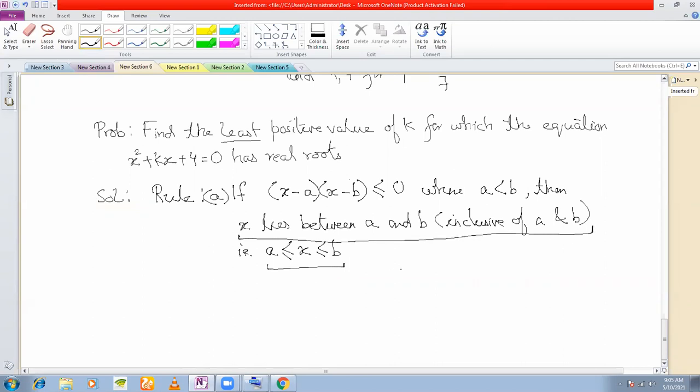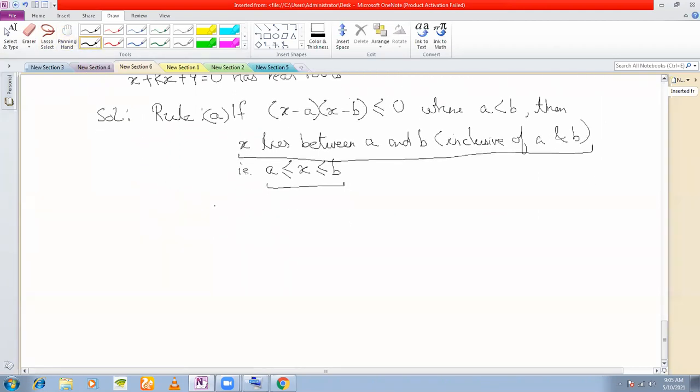That is, x will always lie between A and B. Let us take an example. How we are getting this, I'll not get into that because you won't require it. Suppose I have (x - 3)(x + 4) less than or equal to 0.